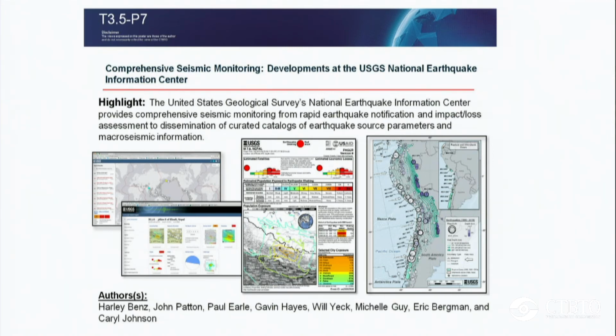The poster will describe how we process this kind of information to produce the wide-ranging products that are well known on our website, from earthquake locations, magnitudes, moment tensor solutions, to financial and loss impact assessments, all done in real time. A key point in what we're doing is self-discovery and self-configuration of our system to ensure that we're using as much data as possible to characterize the earthquake source and its effects.